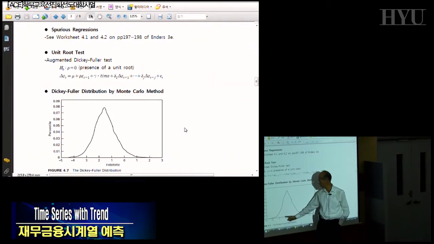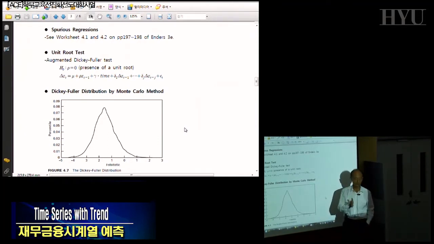The usual t distribution has a very fat tail fading this way, but in this case it fades this way. So the p value is very large, right? So inference could be very different.